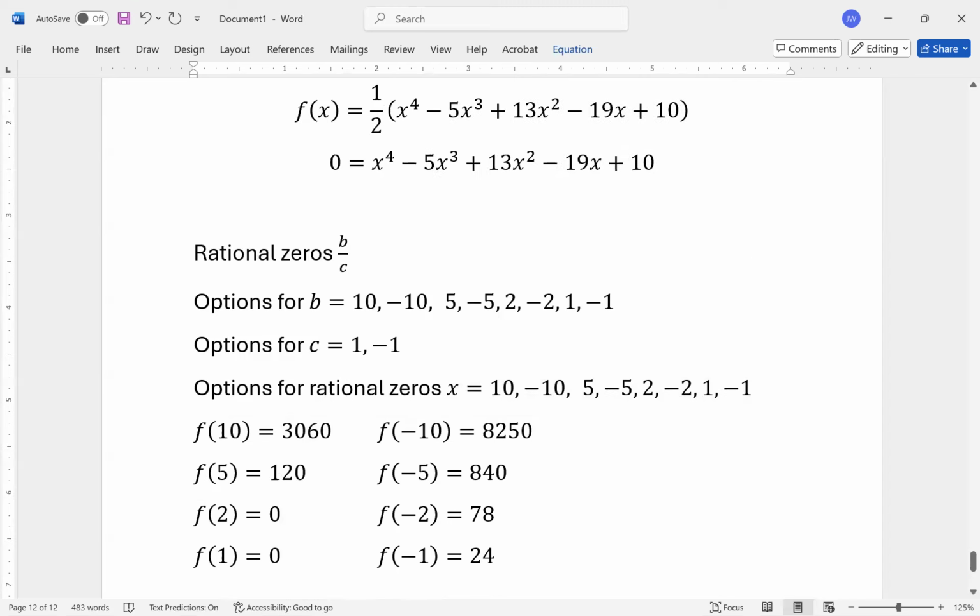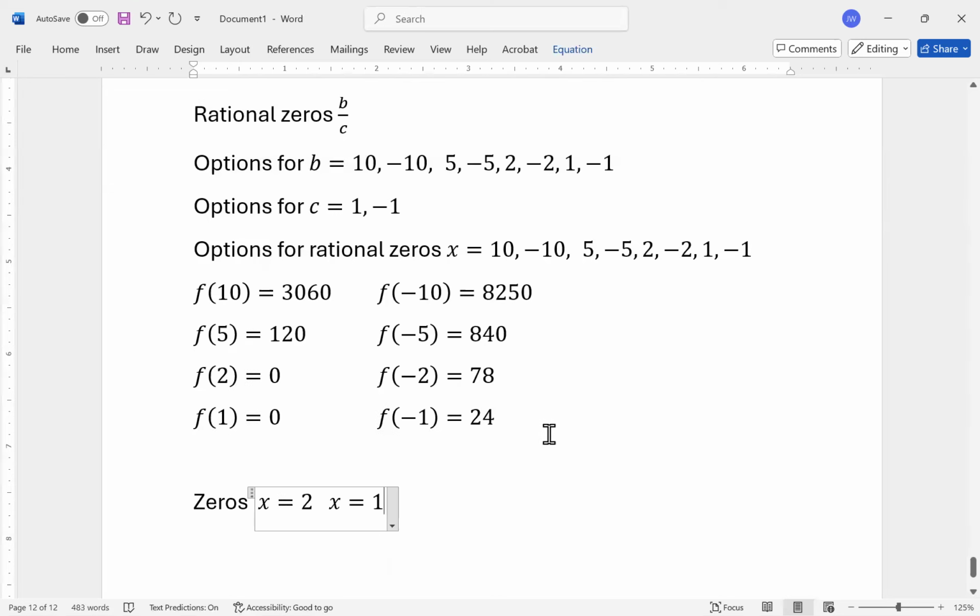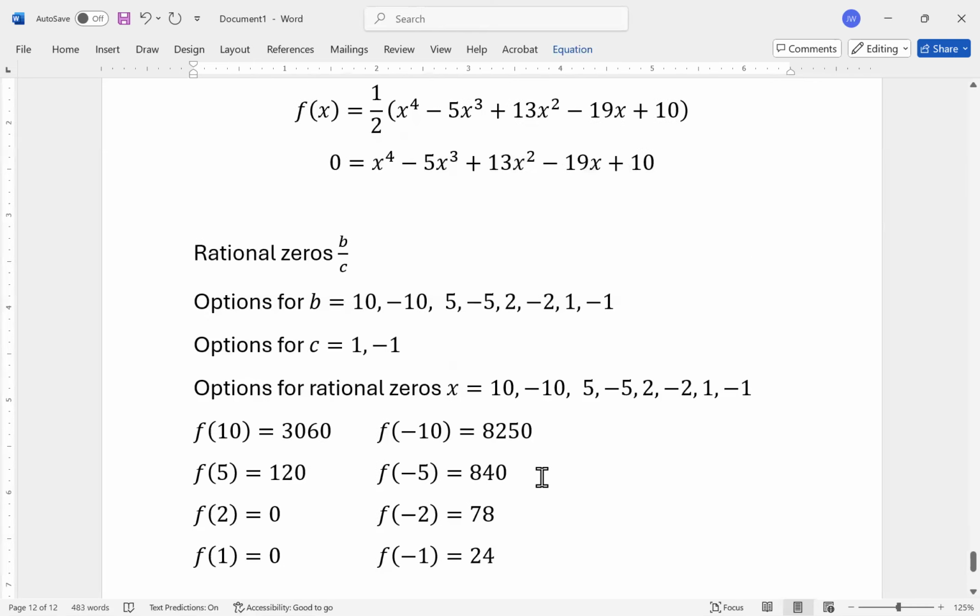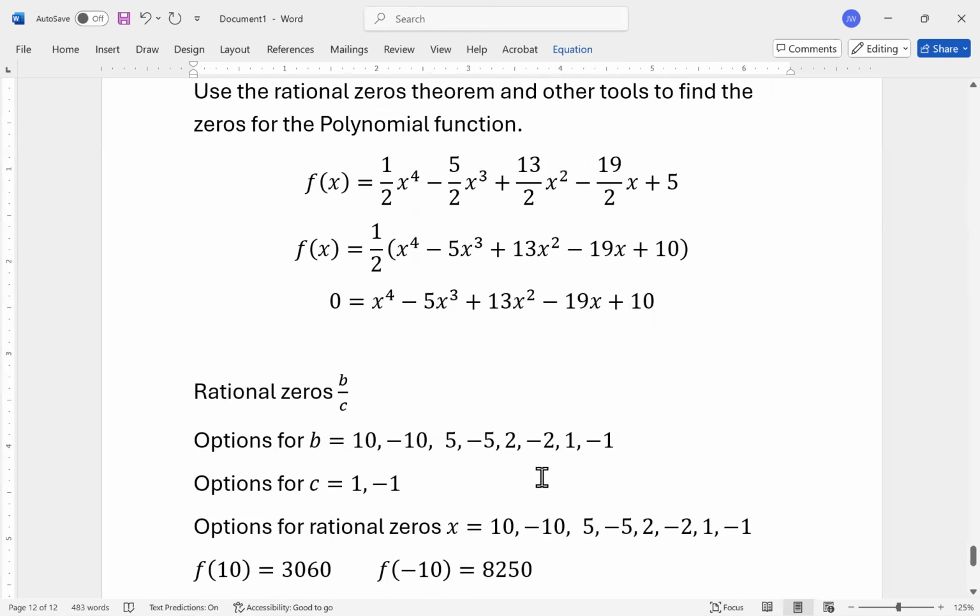Okay. Now, this was a fourth degree polynomial, so we should end up with two other zeros, or at least some multiplicity there. Instead of using my original function now, I'm going to use the version where I've factored out the 1/2.